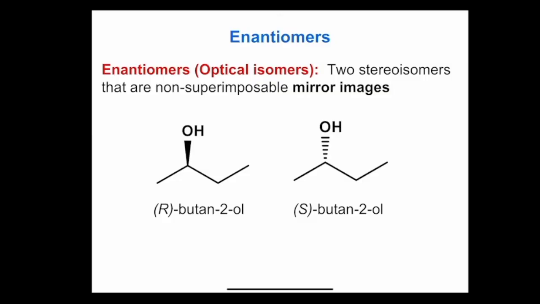Being chiral means it is not superimposable on its mirror image. All we're really saying is, this guy right here, if I created its mirror image, I get a new molecule with a new geometry at its asymmetric center. This molecule is chiral. R-butanol is chiral. S-butanol is chiral. They are enantiomers.